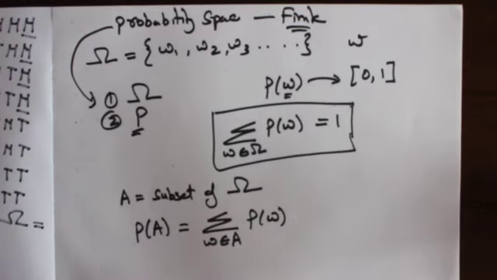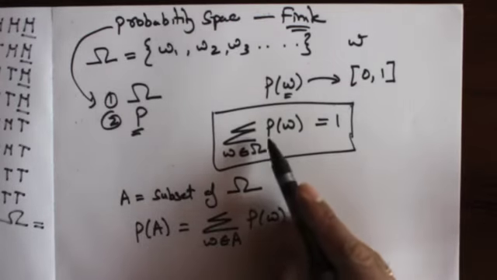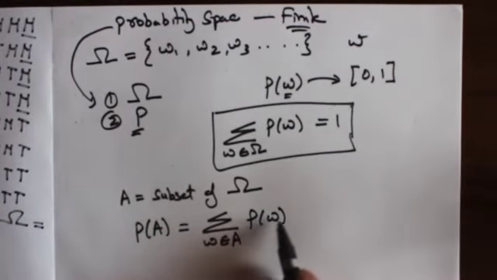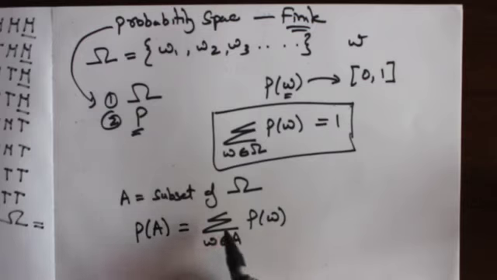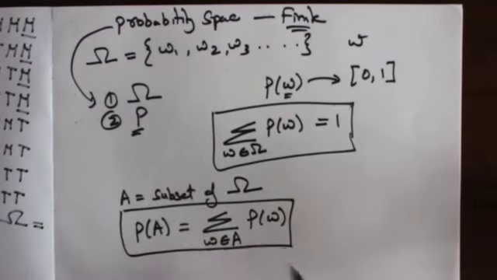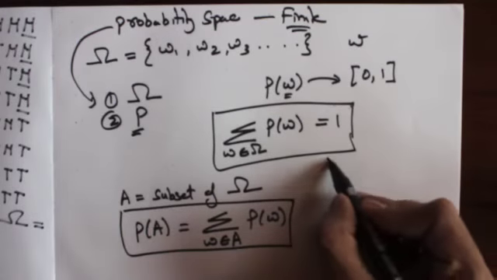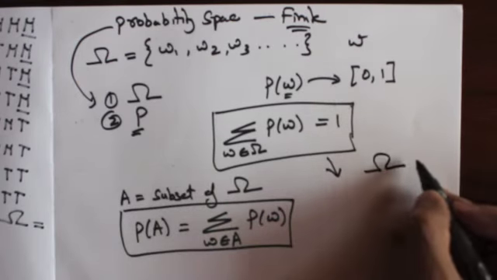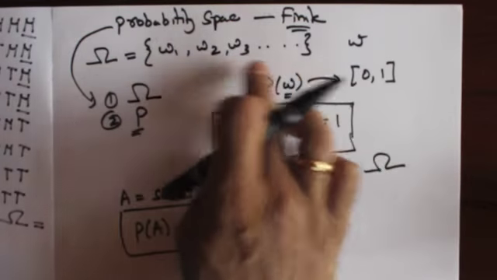As simple as that. Here we were summing across our sample space. Here we are summing probabilities of only those elements that belong in our subset. That's another important equation.